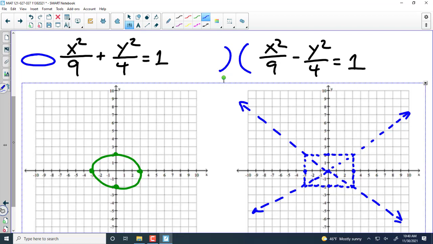And then, because the x squared came first, and we noted that this one opens left and right, we can sketch in our hyperbola. Just like that.